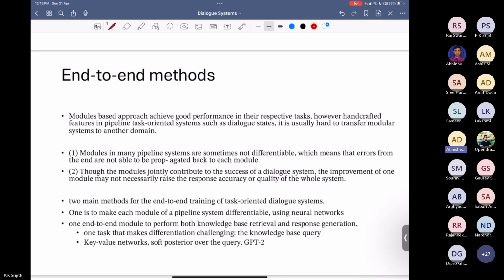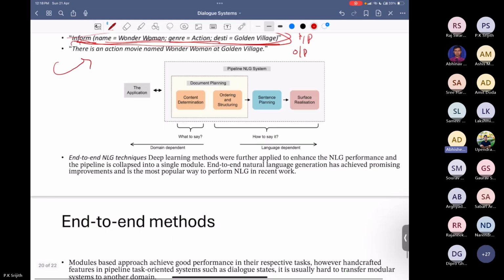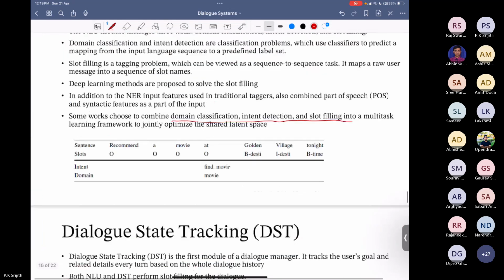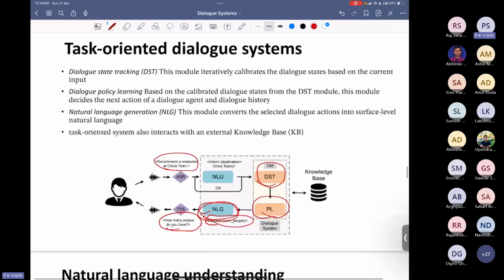Sir, can you please explain the part where you said we can replace the knowledge base with an LLM? Because in an LLM itself, we use some knowledge base, right?